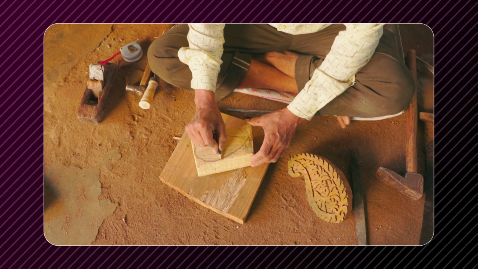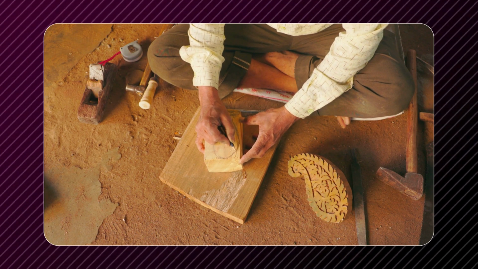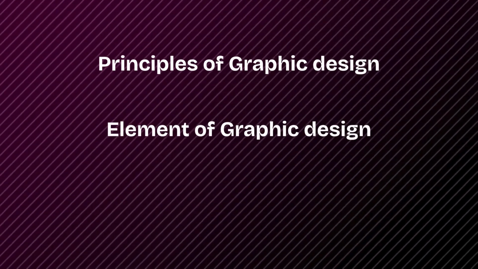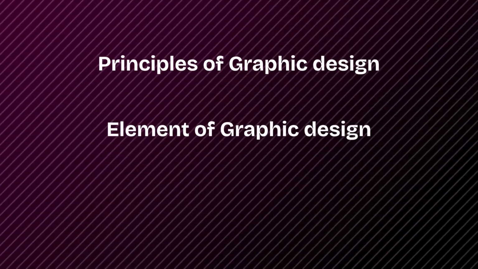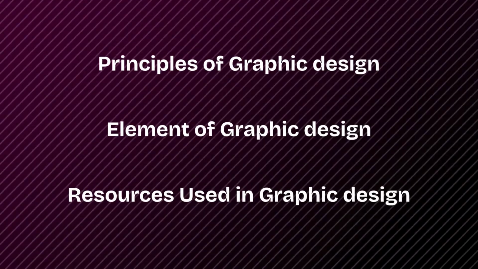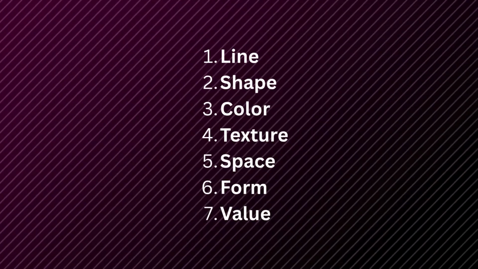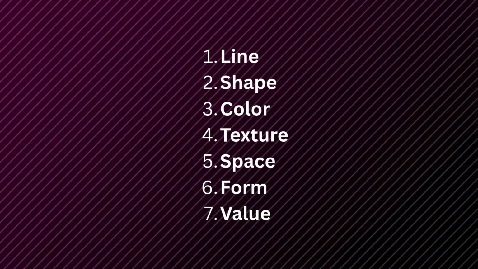So let us not make the same mistake. We have the principles of graphic design, the elements of graphic design, and resources used in designing. So take note, the elements of graphic design are line, shape, color, texture, space, form, and value.